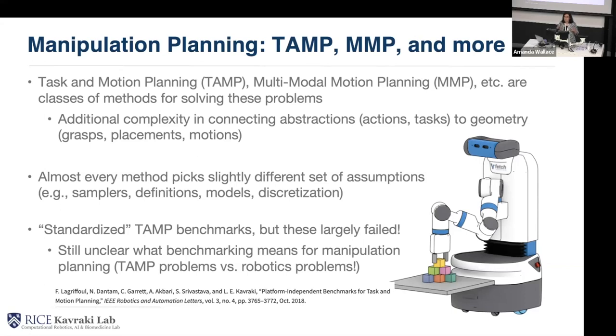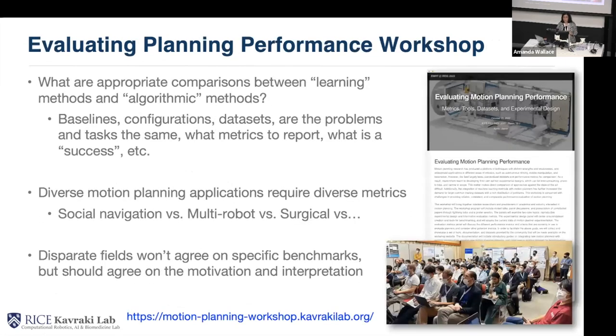The groups did not have the will to update the benchmarks because this did not really help their work. And it's also a lack of scope. What is the scope that you want these problems to capture, that task and motion planning should capture? Again, not clear, and I think it is interesting to think about this problem.